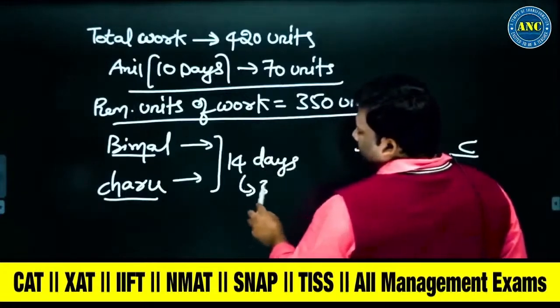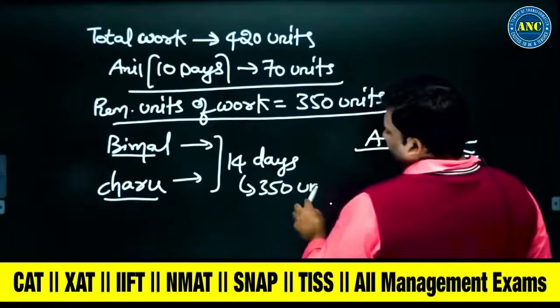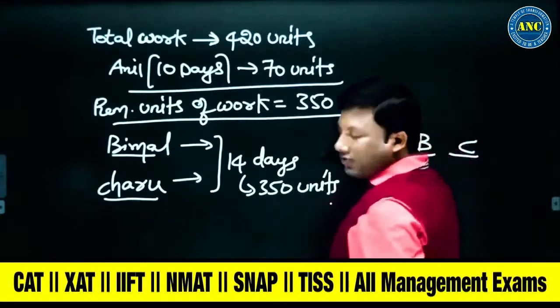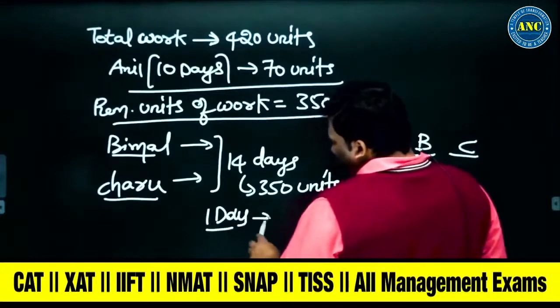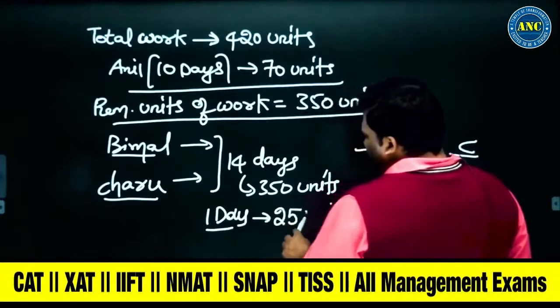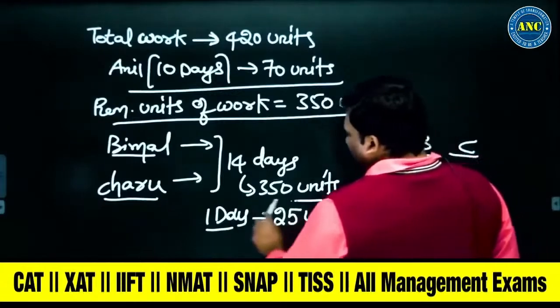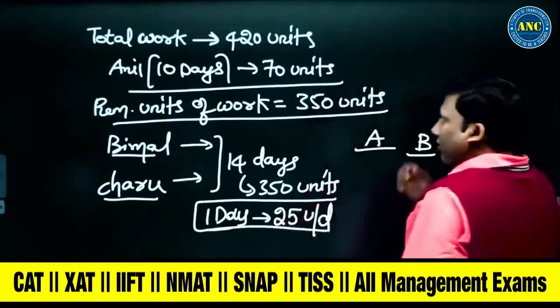They did how much pending work? 350 units of work. That means in one day, how much will they do? 25 units per day. In one day, they will do totally 25 units per day.